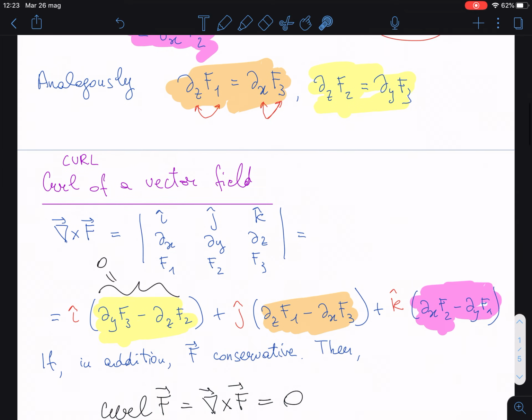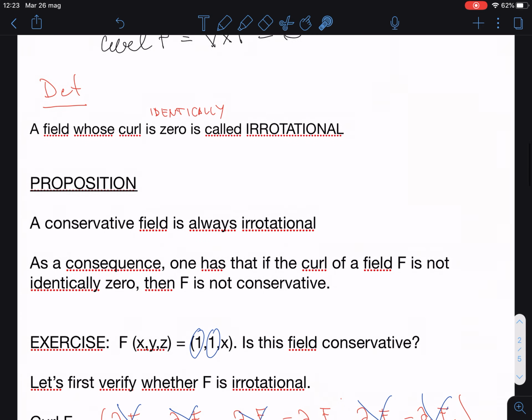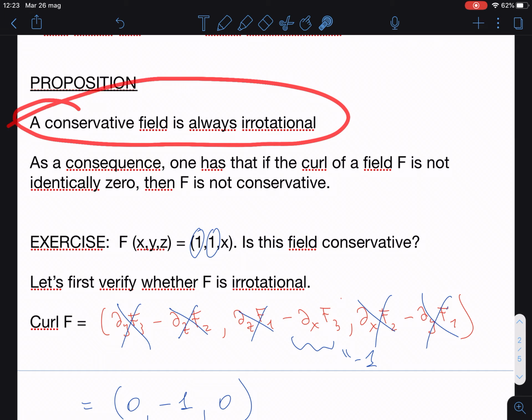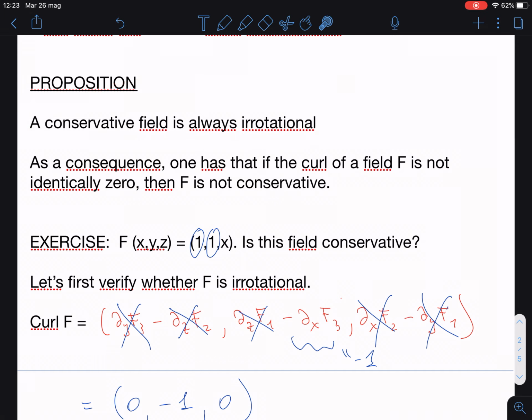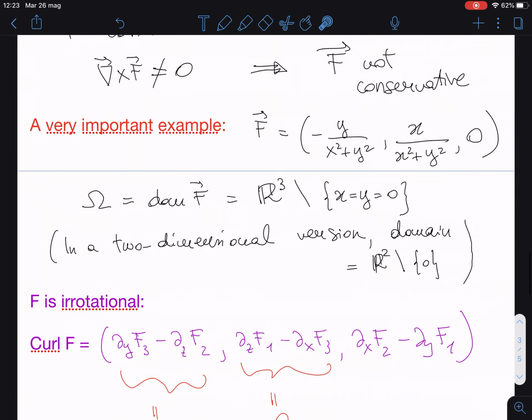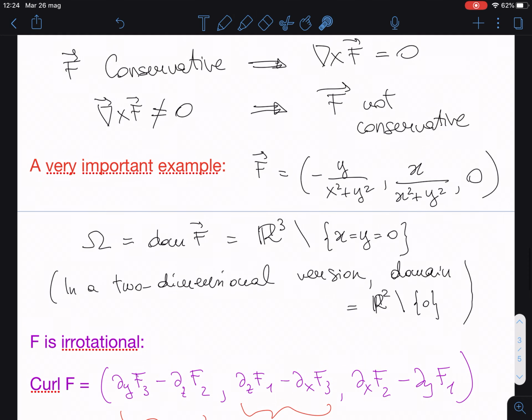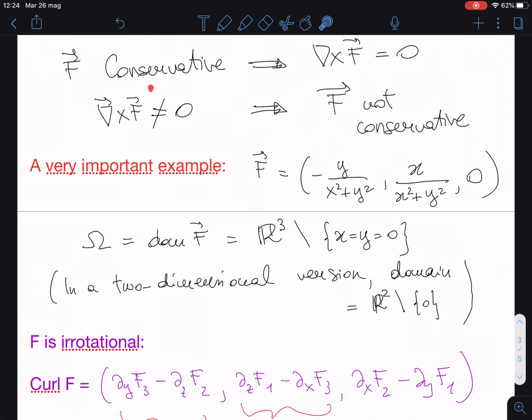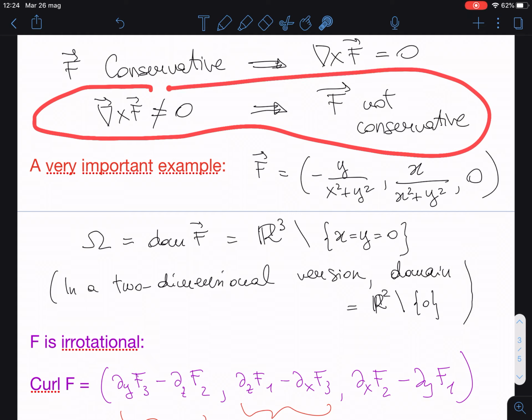Okay? And so what we found is that a conservative field is always irrotational. So as a consequence, if a field is not irrotational, then it is not conservative. So in principle, what you have to keep in mind is: if f is conservative, then the curl is equal to 0. This is logically equivalent to saying that whenever the curl is not 0, then f is not conservative.